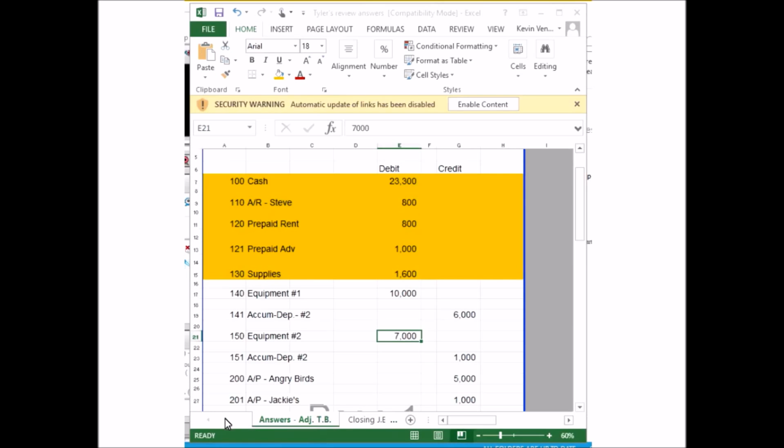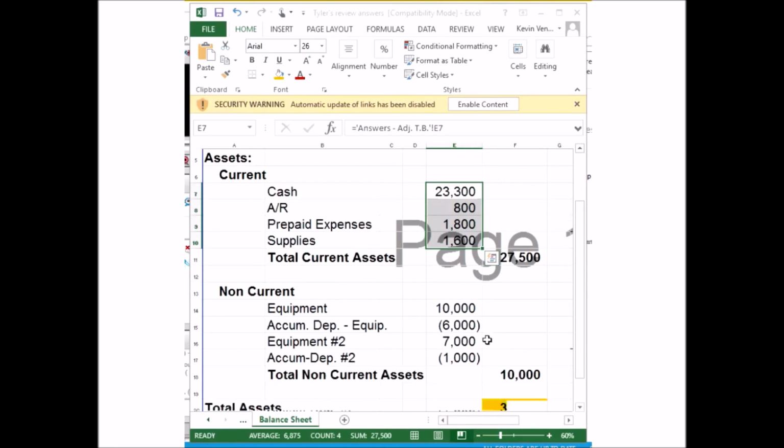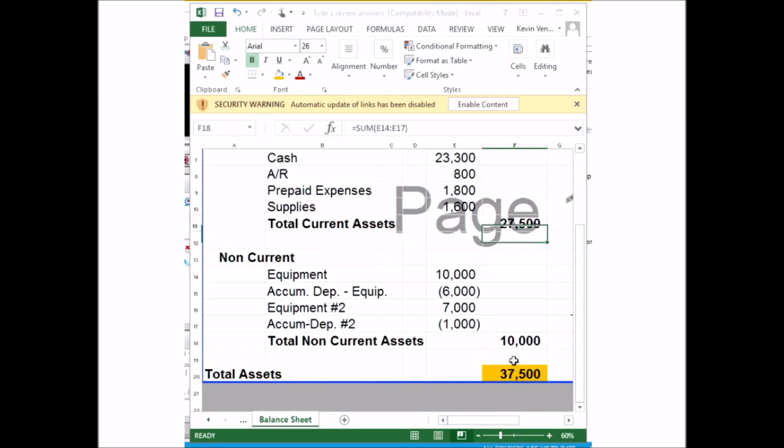These, again, we'll talk about later, but basically what that is some of the equipment has been used, so I'm taking a little bit of the value away. It's a real simple explanation. So in total, when you take a little bit of their value away, I have $10,000 left in my books for my non-current assets. So when I add up the total for all of my assets are worth $37,500. That's an important number that we're going to see again in a minute. $37,500 total assets.